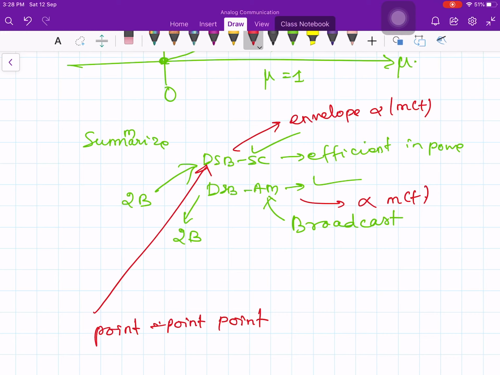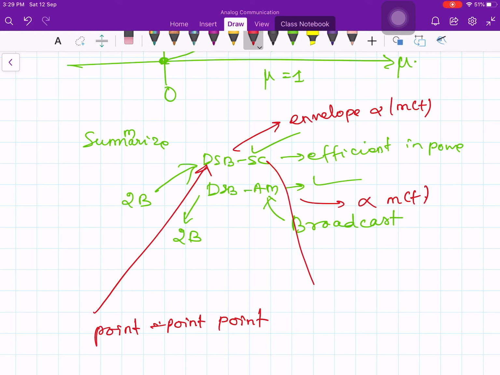And one more thing is, we said that there is a disadvantage of DSBSC, that is, if your local carrier is out of phase with the incoming carrier, then you tend to lose the signal. Let's say there is perfect frequency synchronization, but there is a loss of phase synchronization, then the output is proportional to m of t cos theta, and when theta becomes 90 degrees, you will completely lose the information.